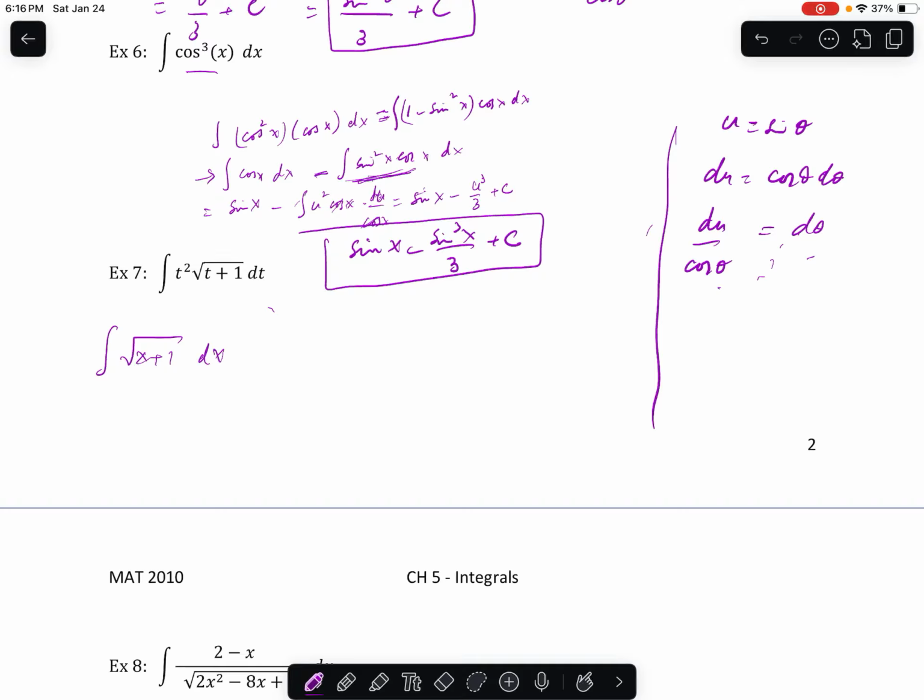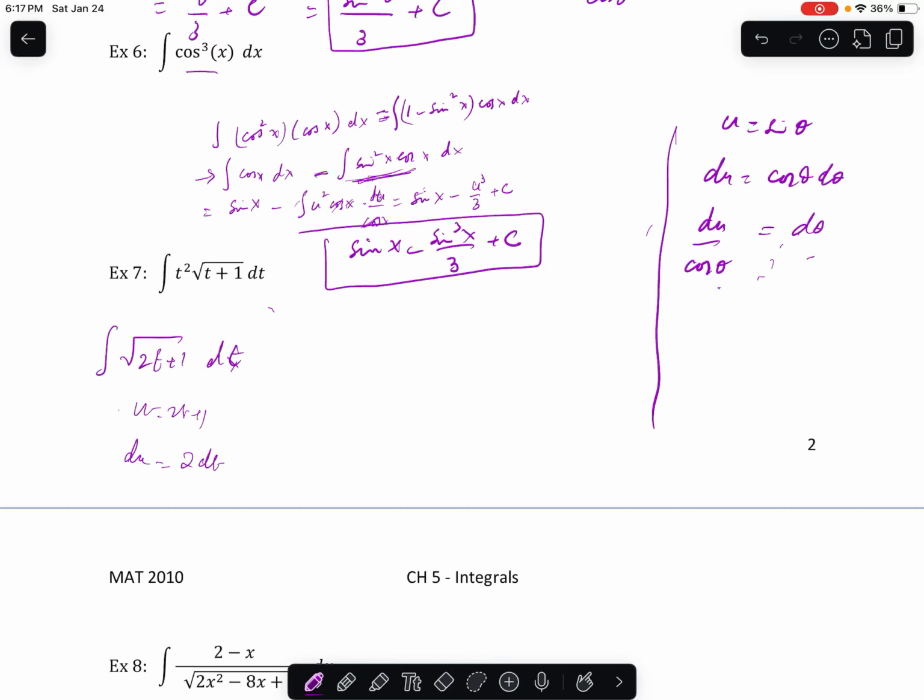I mean, the square root of t plus 1 dt. So we could have used u to be t plus 1, and then find du. So du would be dt, and then go from there.